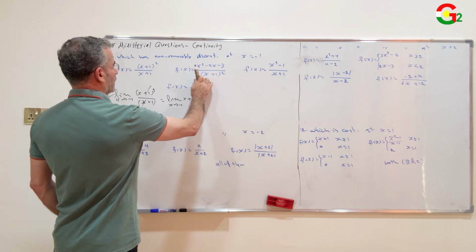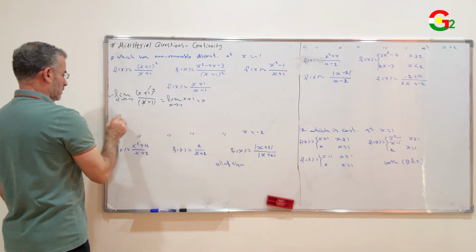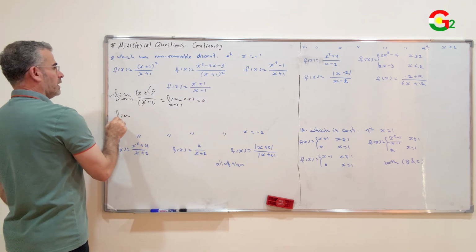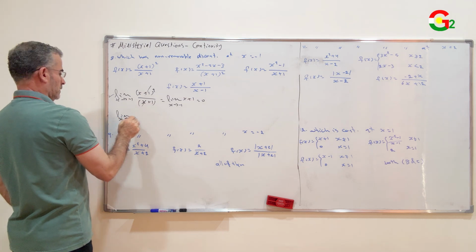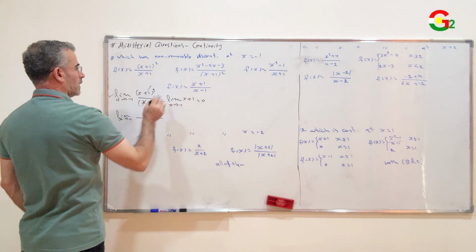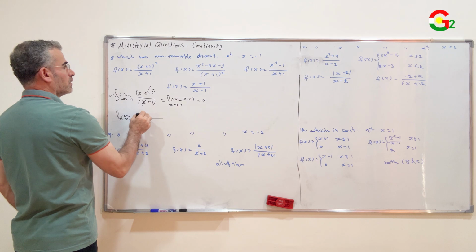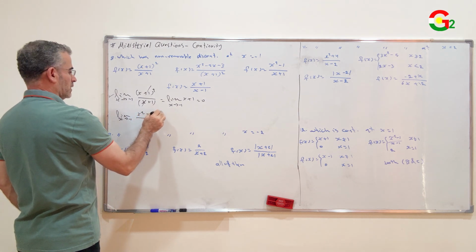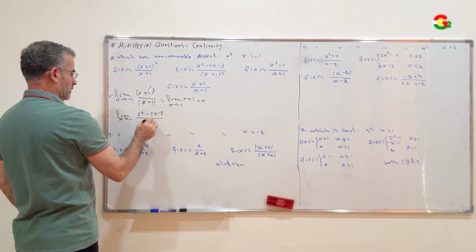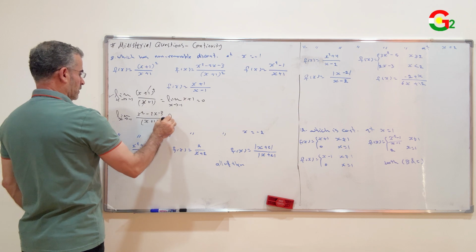Let us solve the second one. Limit as x approaches negative 1 of x squared minus 2x minus 3 over x plus 1 squared.